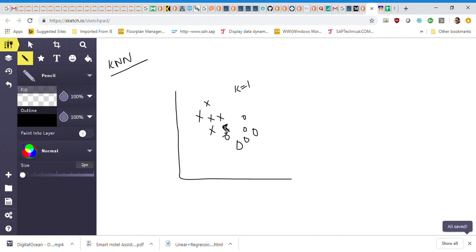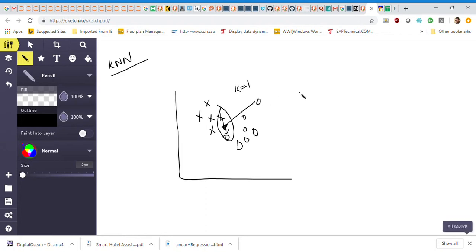So suppose these are the two nearest points to this point. Whichever distance is the shortest, it will try to mark with this point. So if this is my point for k equals to 1, and this is the shortest distance, it will classify as a circle.